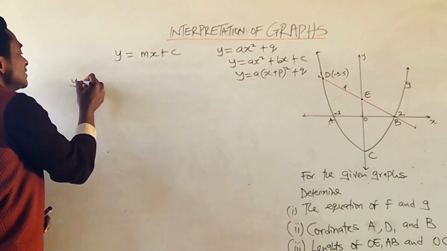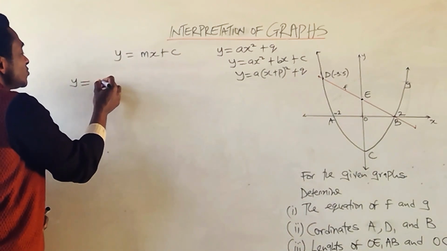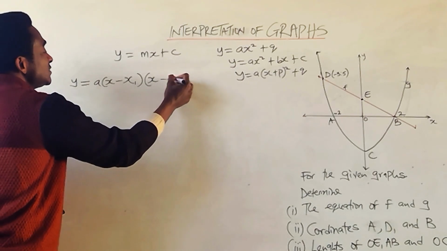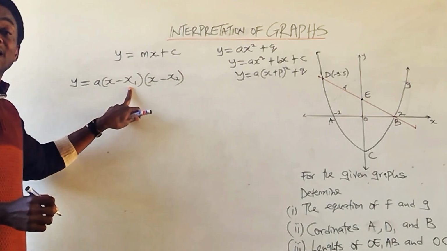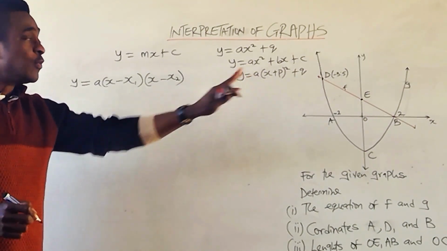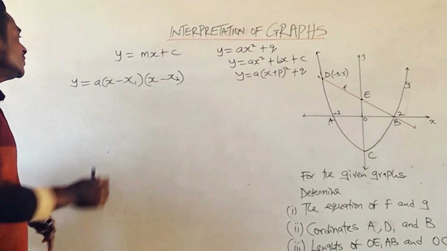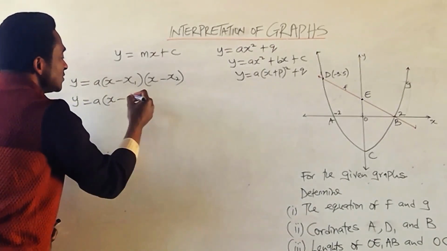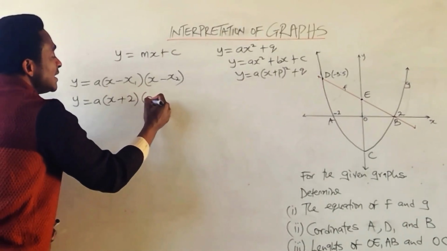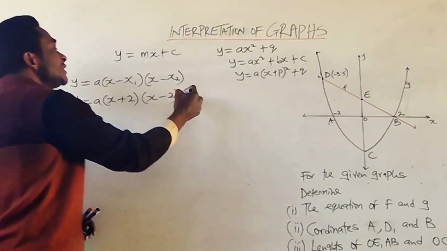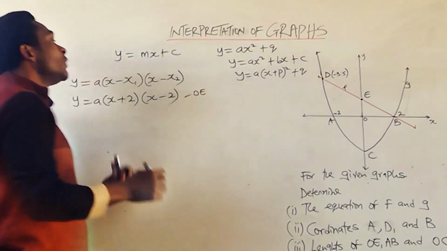The intercept method says this: y equals a into x minus x1 and x minus x2, where x1 and x2 represent the x-intercepts. So what we do is we sub in those values. So we have y equals x minus minus 2, that's the first one, and x minus 2 as the second one. Now we call this our original equation, the one we are going to work with.